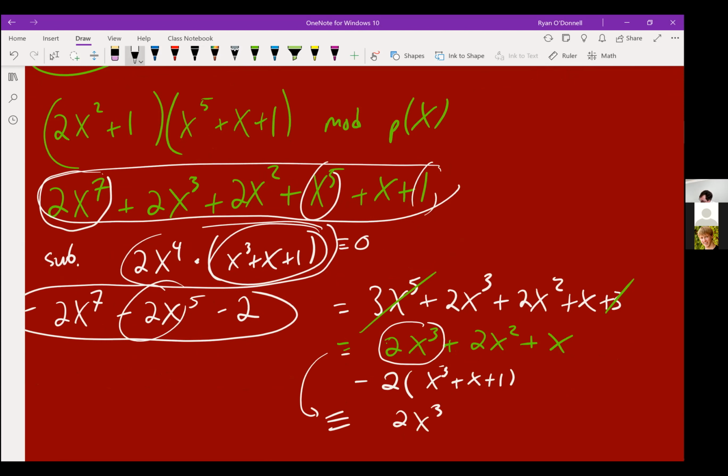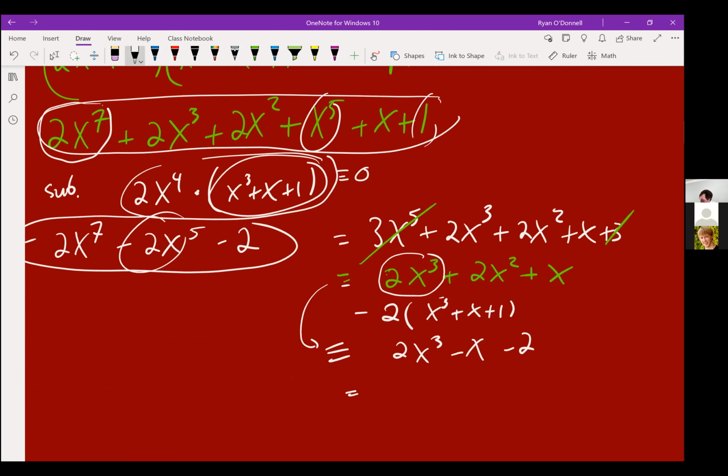I'll get 2x squared, and x minus 2x, so minus x, minus 2. If I do this mod 3, I might be making some arithmetic errors here, but 2x, oops, wait a minute, no, that went away. That's just 2x squared. I'll get 2x squared plus 2x plus 1 or something, mod 3.